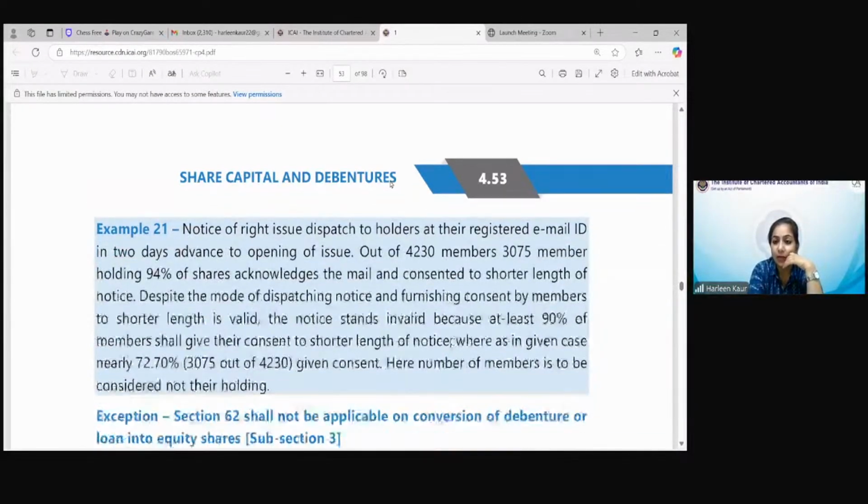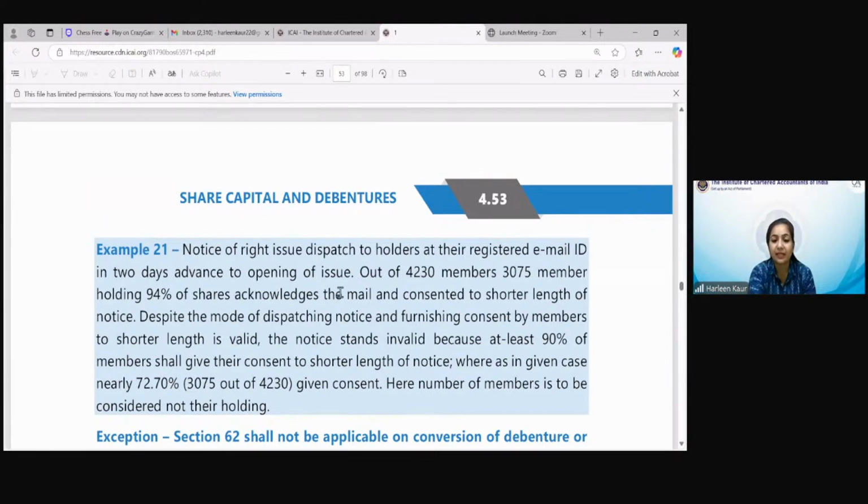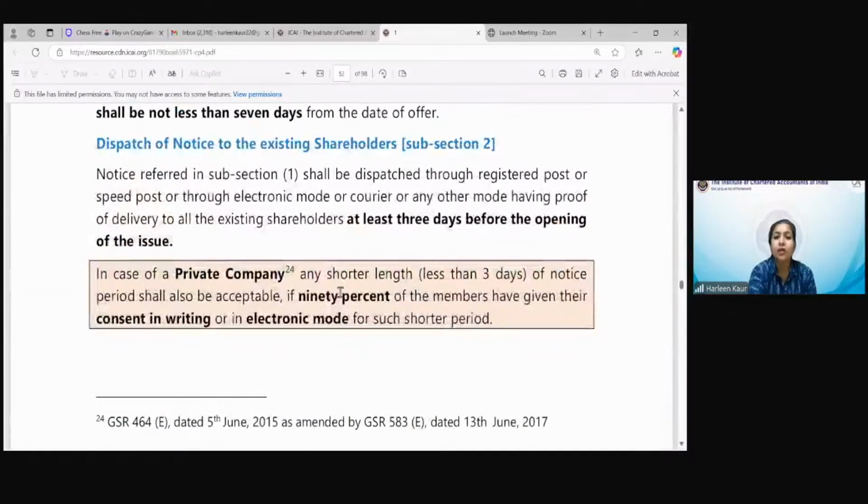Now let's try to do example number 21. A notice of rights issue was dispatched to the holders at their registered email ID. What did we just study, how is the notice to be sent? Notice will be discharged through registered post or speed post or any other electronic mode. Electronic mode means emails, WhatsApp or courier or any other mode having proof of delivery at least 3 days before opening of the issue.